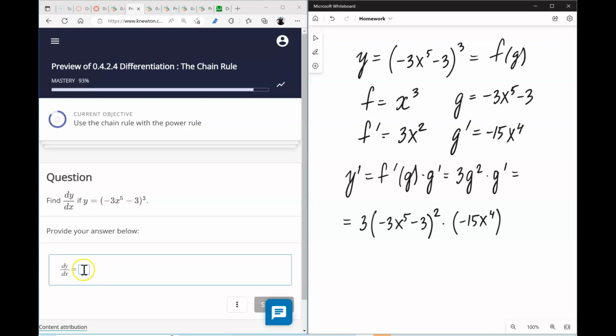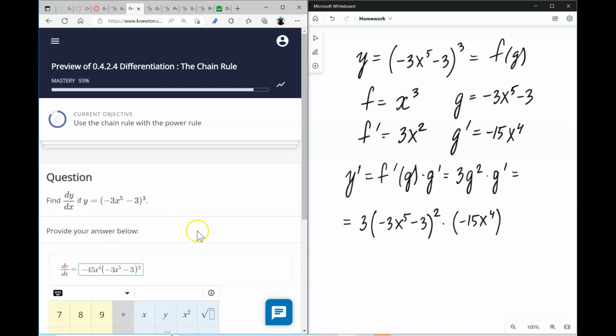Of course, we can simplify it, but that's not the purpose of this exercise. So let's see, negative 45x to the power 4 times negative 3x to the power 5 minus 3 squared.